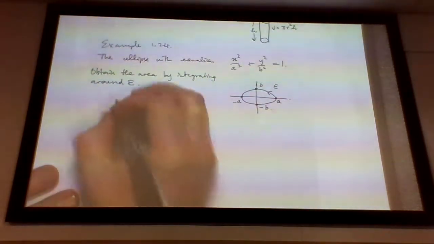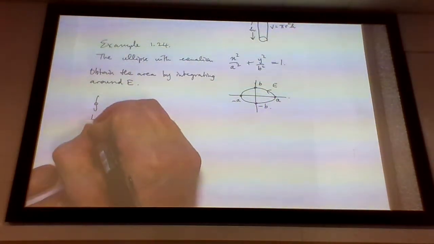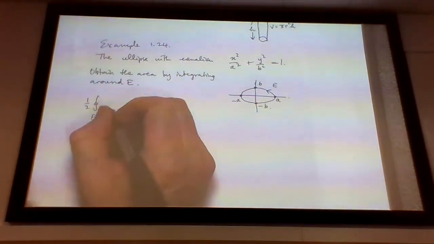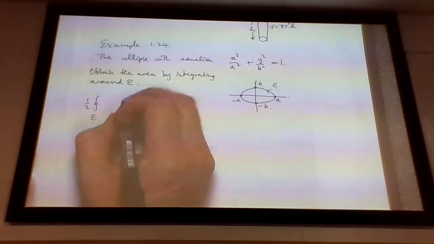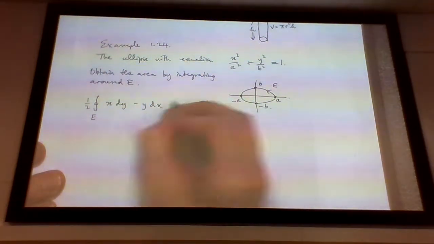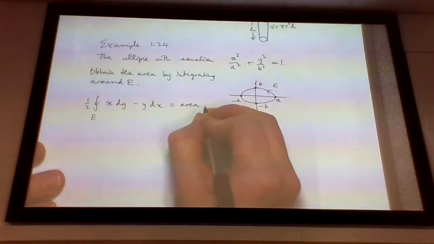So what we want to do is the closed integral around E, take a half of this linear differential form, which is x dy minus y dx. This is going to give us the area enclosed by E.